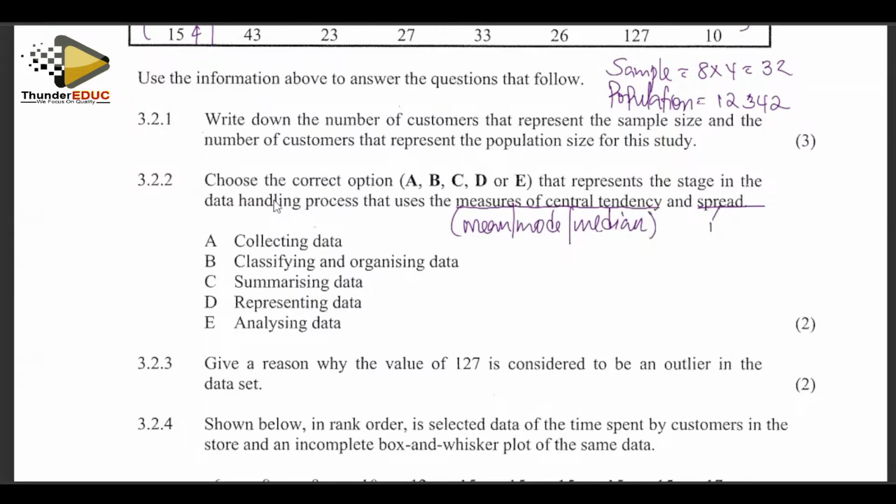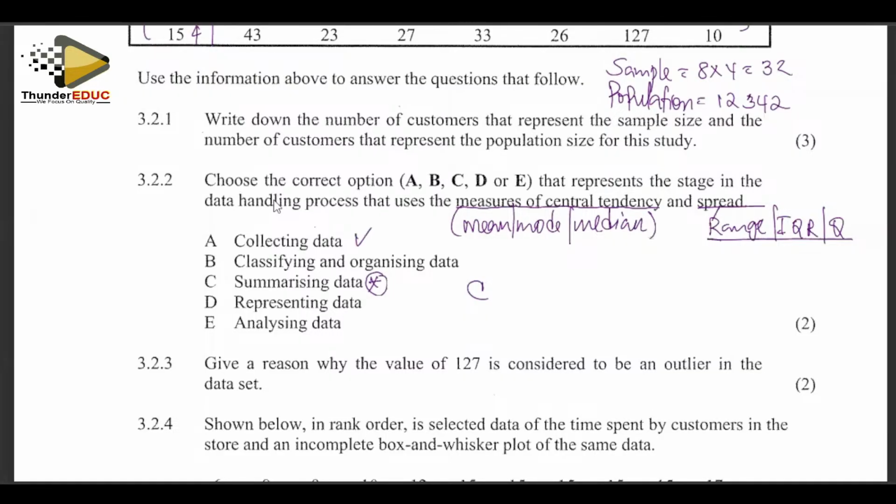Whereas spread, we have range, the IQR, the quartiles themselves, these measures of spread. They belong to C, whereby we are summarizing the data.